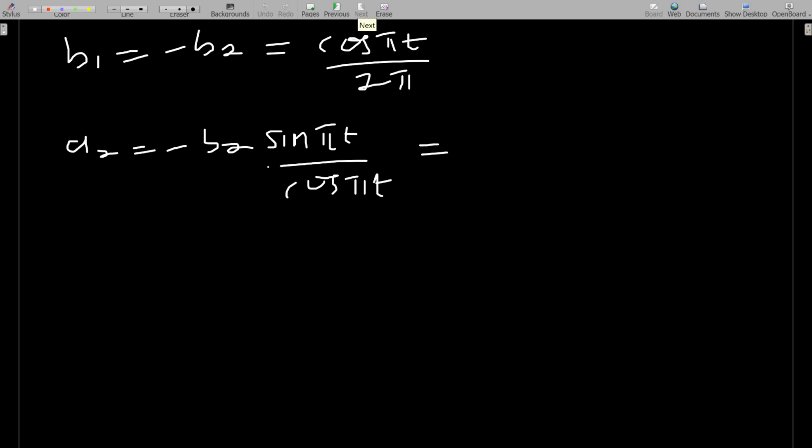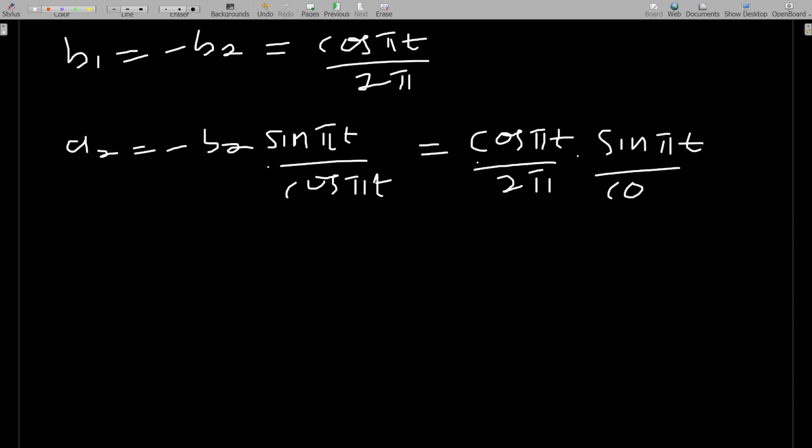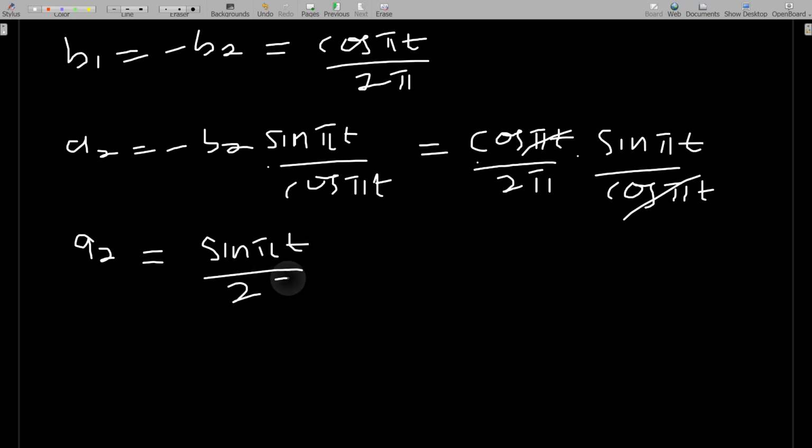So if I put it here, I have cos pi t over 2 pi times sine pi t over cos pi t, and we can cancel, and we have a2 equal to sine pi t over 2 pi.